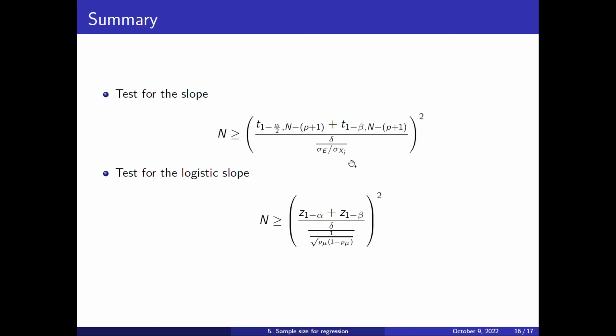But the way to normalize is different for each one of the cases, and we have to rely on previous experiments to be able to calculate the sample size, because otherwise we wouldn't know the residual variance, the variance of the predictor variable, and the same for the logistic regression. And this would be all.